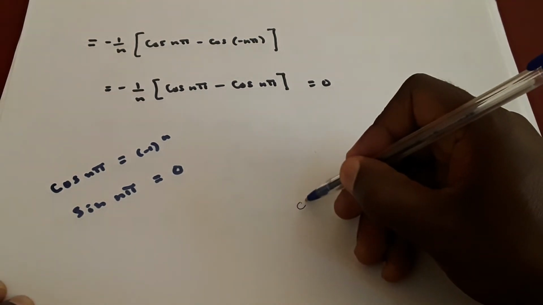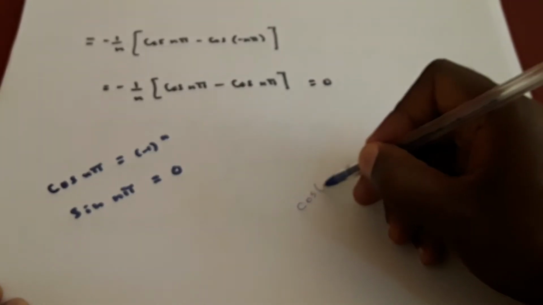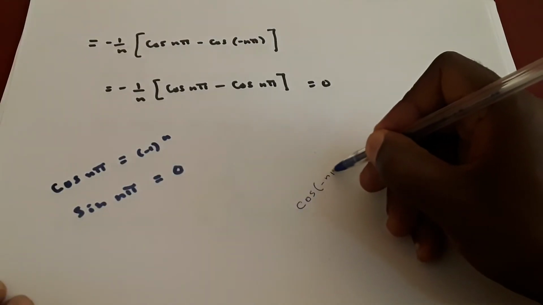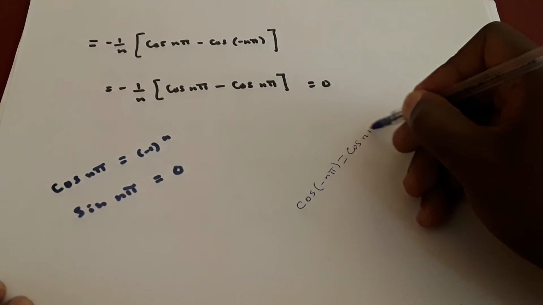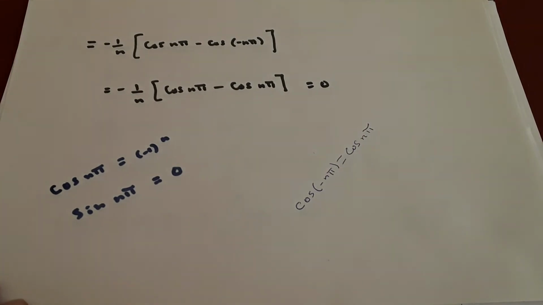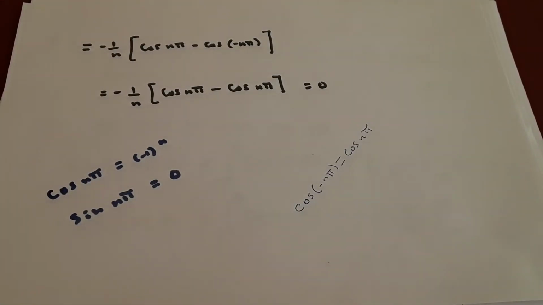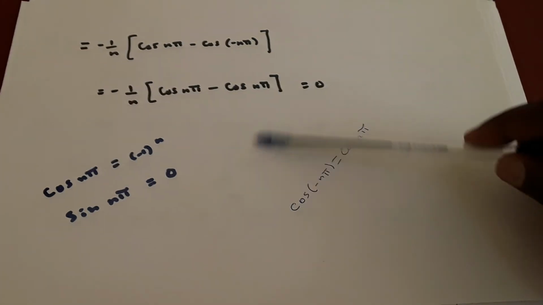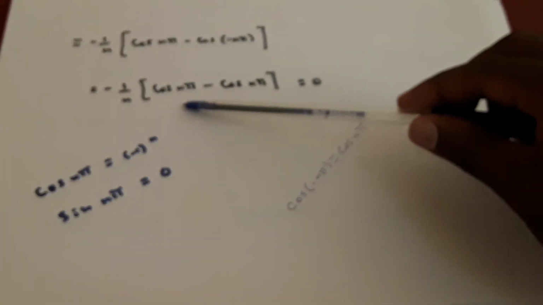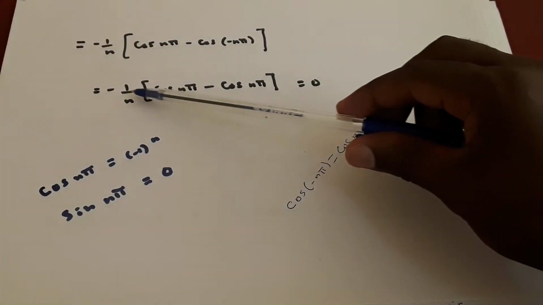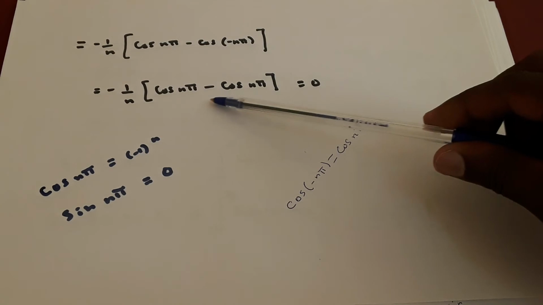Why? Because the cosine function is by nature an even function, so cosine of minus n pi is cos n pi. Then this is minus cos n pi over n plus cos n pi over n, which is 0.